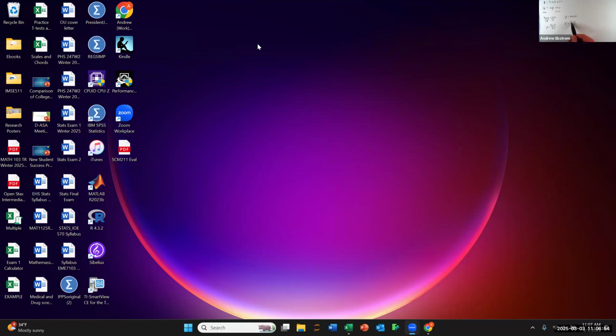So if we know how much we can spend, we know what m is, and we know what b is, we can figure out what x is going to be if we rearrange it. So how do I get it there? Subtract b from both sides, so that's the y minus b, and that y minus b equals mx. Divide both sides by m. That gives you the x all by itself.